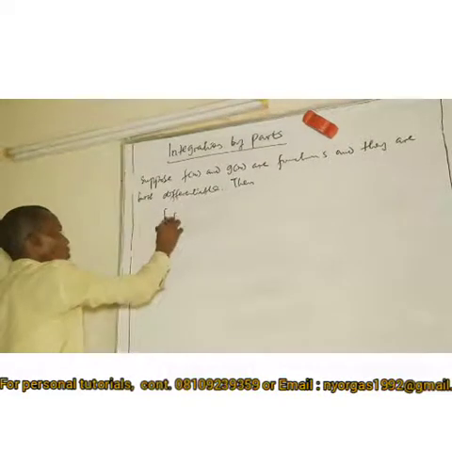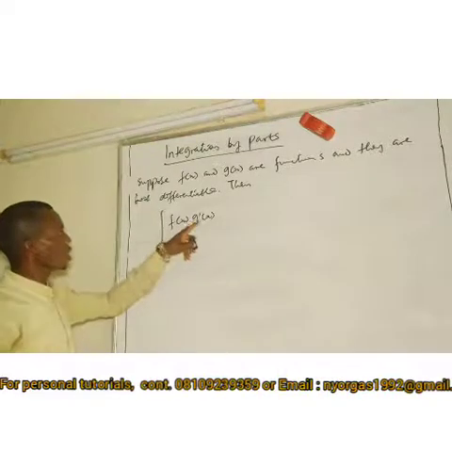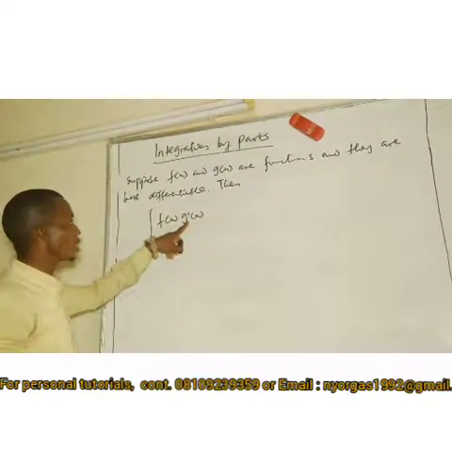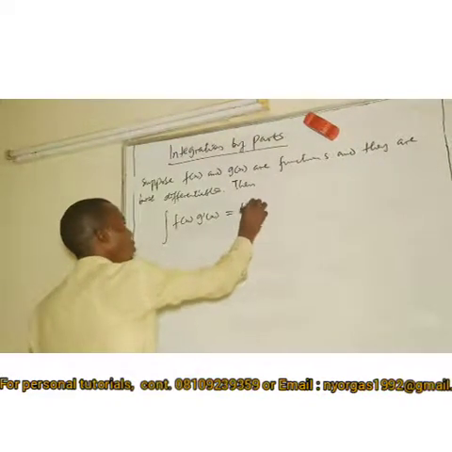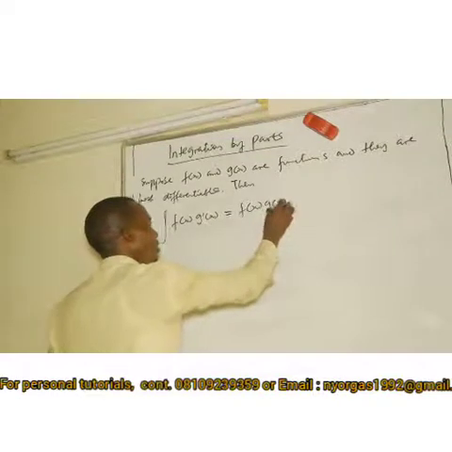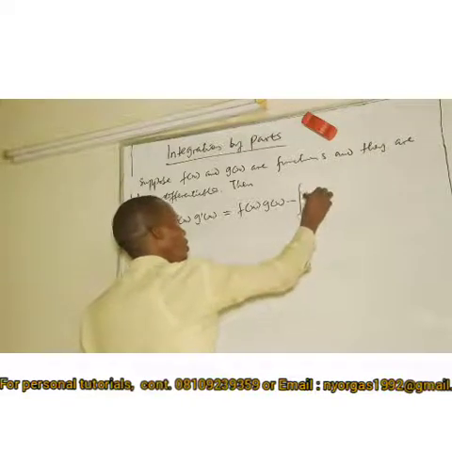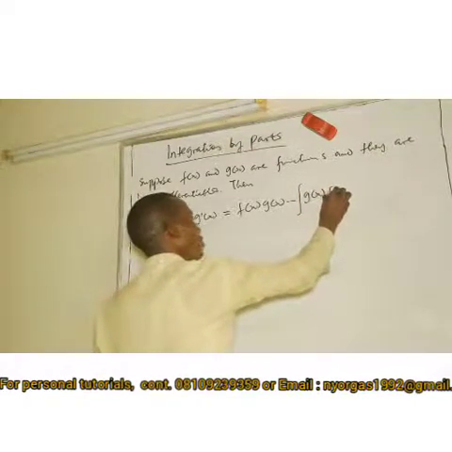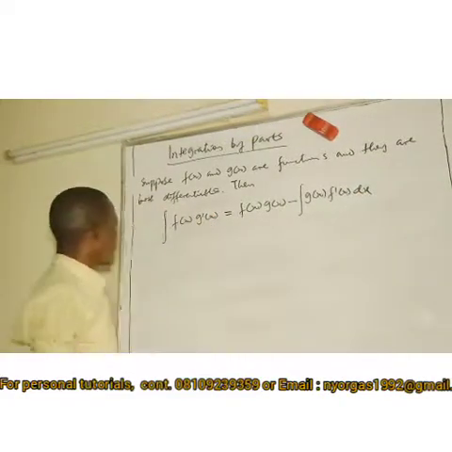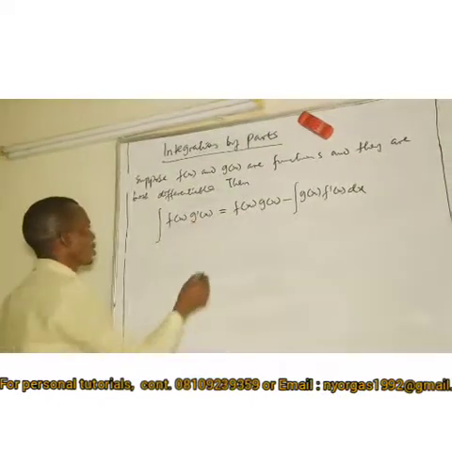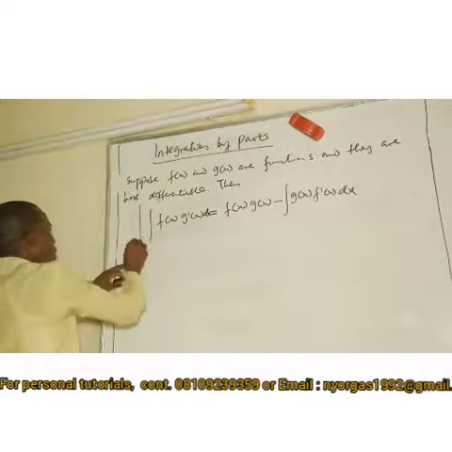the integral of f of x, g prime of x dx, where g prime here means we have differentiated g, is equal to f of x, g of x minus the integral of g of x, f prime of x dx.